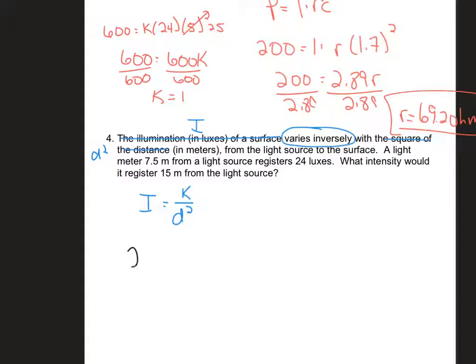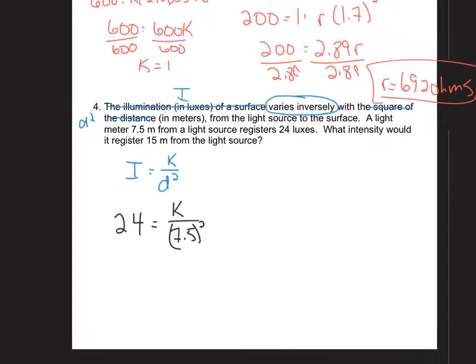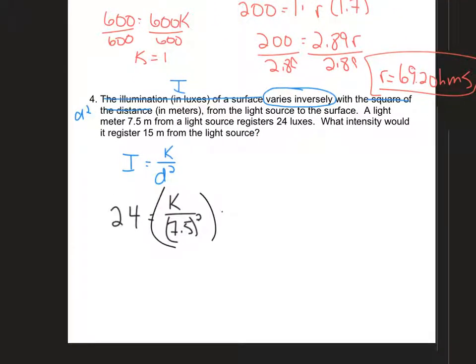They tell us the illumination is 24. It's 24 equals K over the distance squared, so 7.5 squared. And you can do this out, just multiply both sides by 7.5 squared. And when you get that, you should get 1,350 equals K. So that's just a calculator thing.